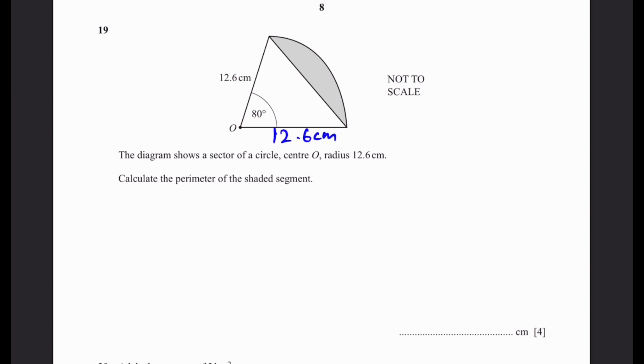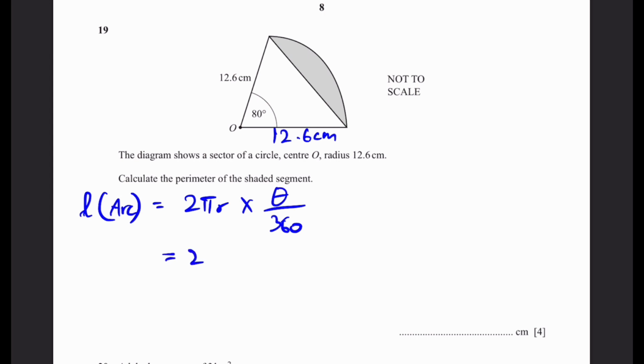So we can find the curved length by using the formula arc of a sector is equal to 2 pi r. By the way, arc means length of arc here. I just write length of arc, L of arc, 2 pi r multiplied by theta by 360. Theta is the angle of the sector, in this case 80 degrees.